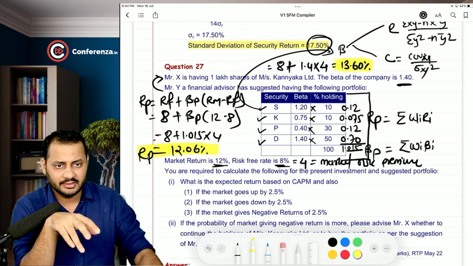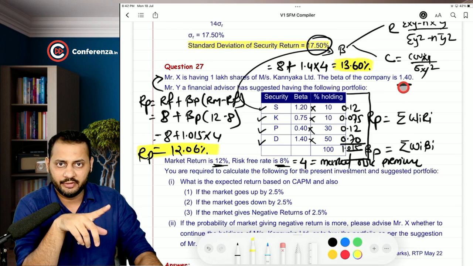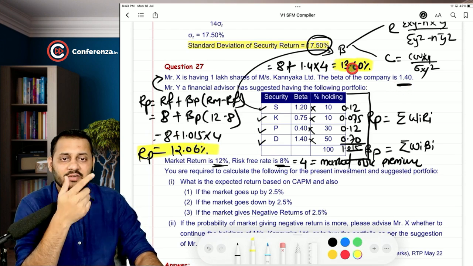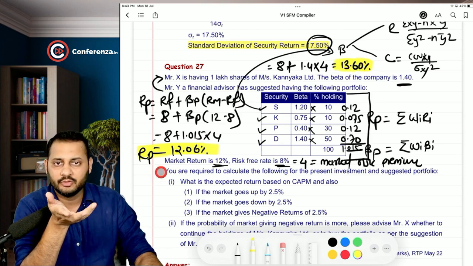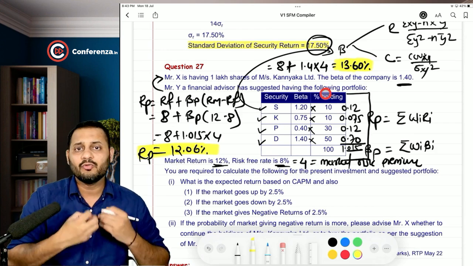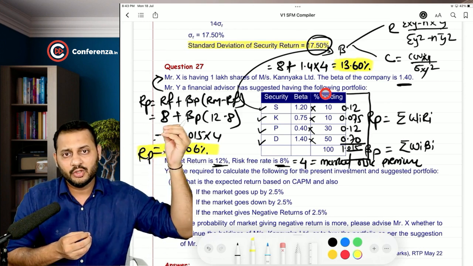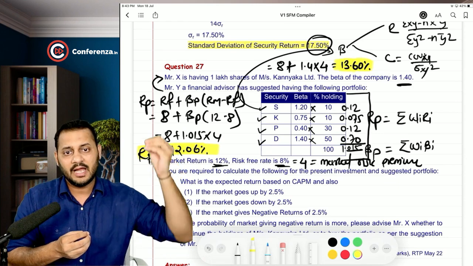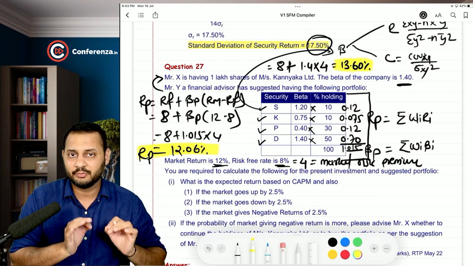And you can clearly see that the risk of Kanyaka, 1.4, is higher than the risk of the portfolio, 1.015, and that's why we are demanding higher return in Kanyaka, 13.60, as compared to 12.06. These two returns are the required return. If I want to convince any investor to invest in the portfolio, the return of the portfolio should be 12.06. And if I want to convince someone to invest in Kanyaka Limited, the return should be 13.60.